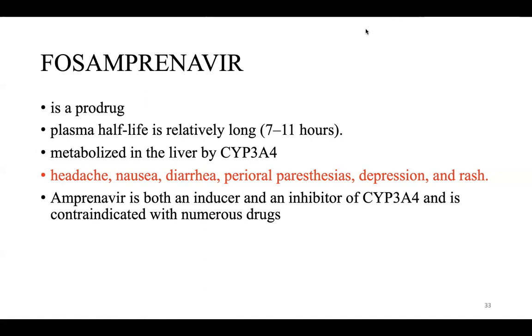The most common side effects of the drug are headache, nausea, diarrhea, peripheral paresthesias, depression, and rash. Up to 3% of patients may experience rashes, including Stevens-Johnson syndrome, several enough to warrant drug discontinuation.